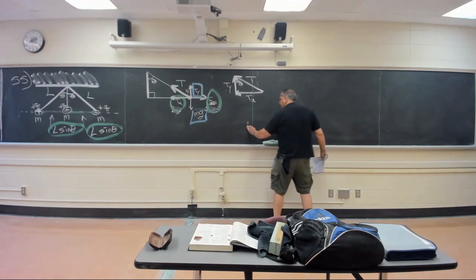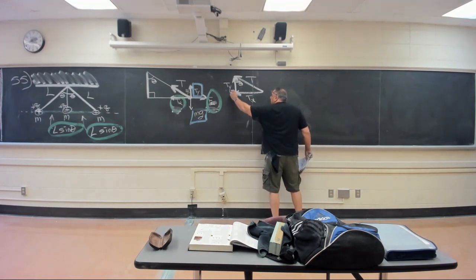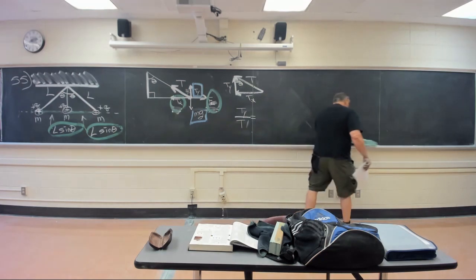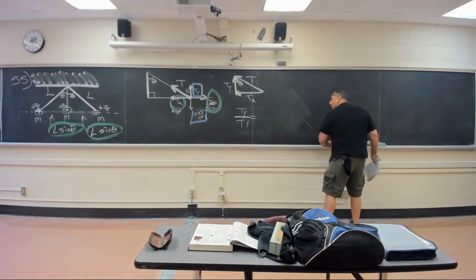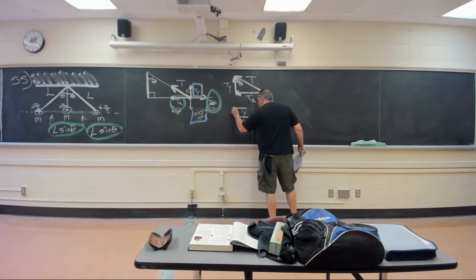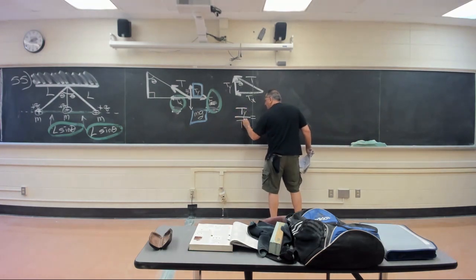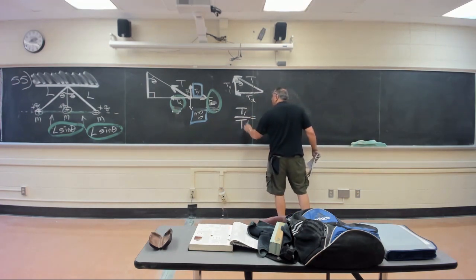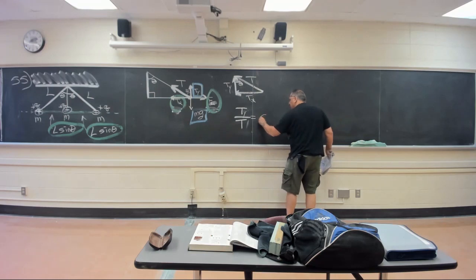Let's make it a long story short. Ty divided by T is cosine theta.